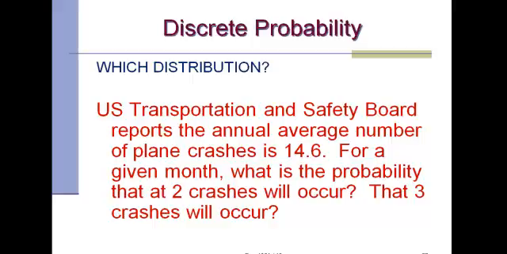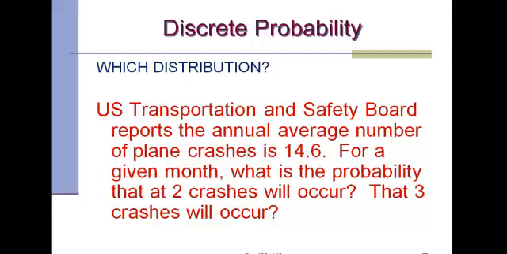Now, it's tricky on this one. If you were asked, for example, to solve this problem, what is the probability that 2 crashes will occur in a given month? Then you would just go to Megastat, probability, discrete distributions, and then you would select the Poisson tab. And of course for Poisson you only have to enter one number.